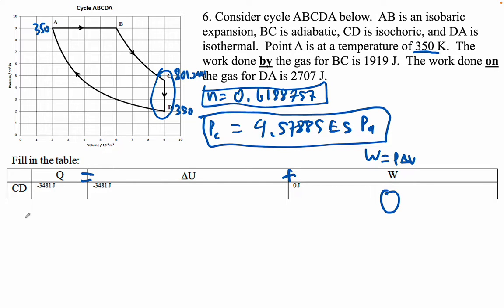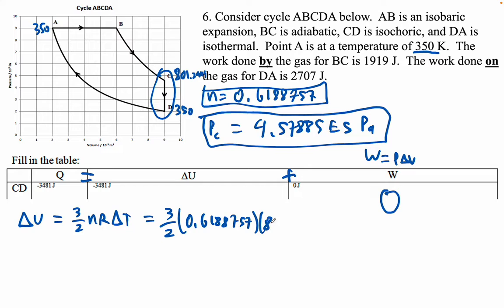The first way is to use the formula that's in the packet. Not really quite in the packet this way. Our N is 0.6188757. R is still 8.31. And then our change in temperature is final minus initial.